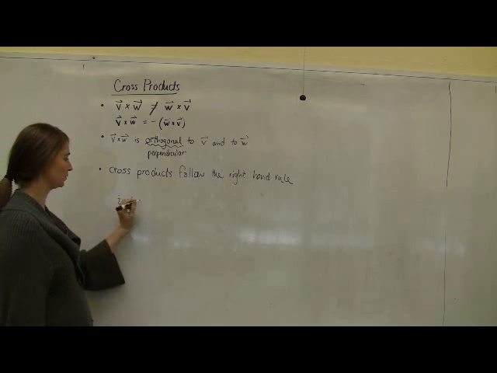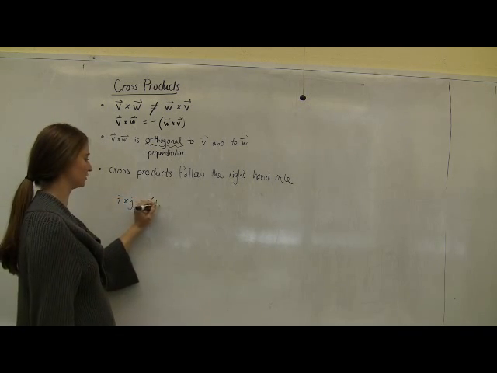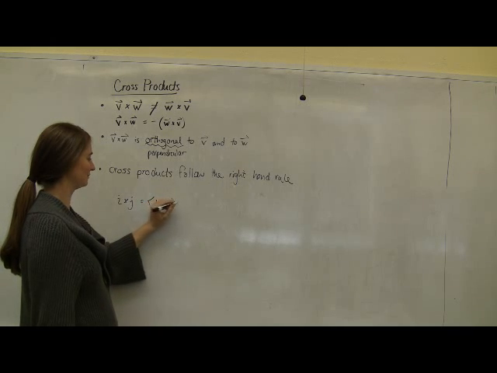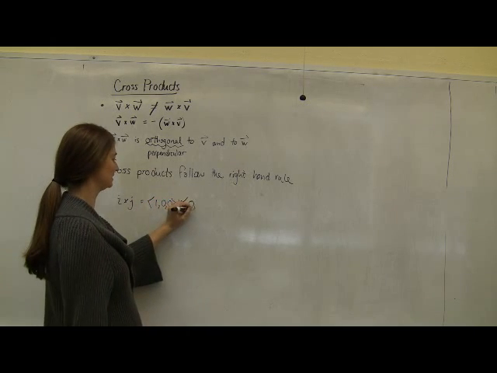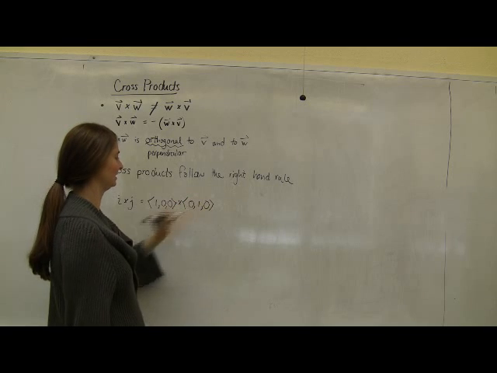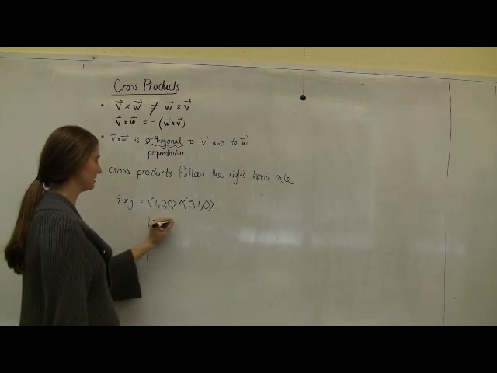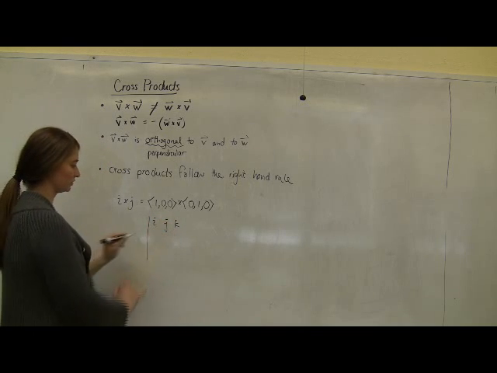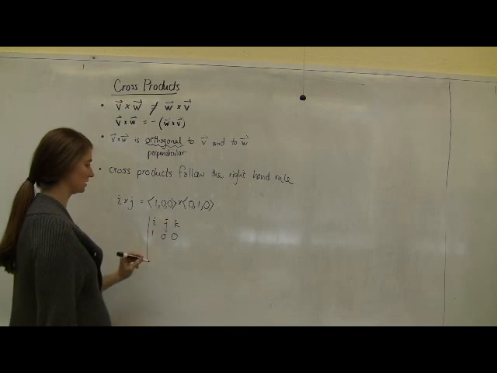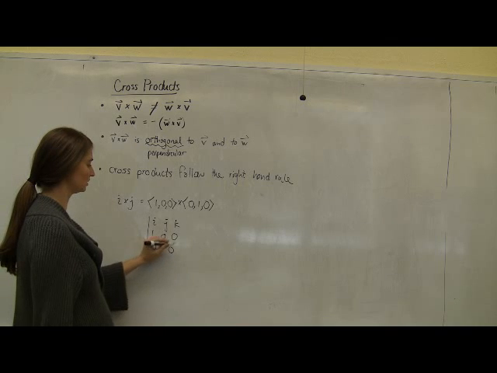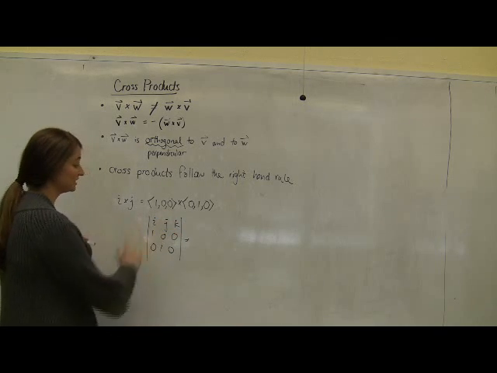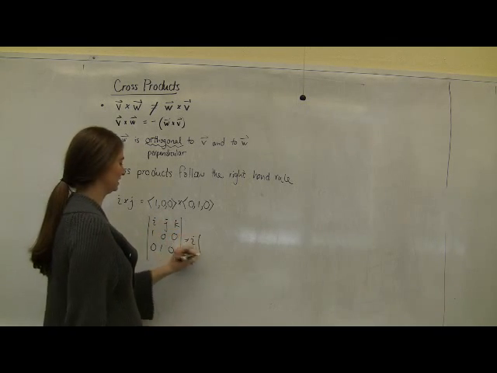When I say the vector I, I'm thinking of the vector 1, 0, 0, and I'm crossing that with the vector 0, 1, 0. I'm going to do that really quickly by hand, looking at my matrix, I, j, k along the first row, 1, 0, 0 along the second row, and 0, 1, 0 along the third row. We're going to get a lot of zeros in here, so it's going to go really quickly.